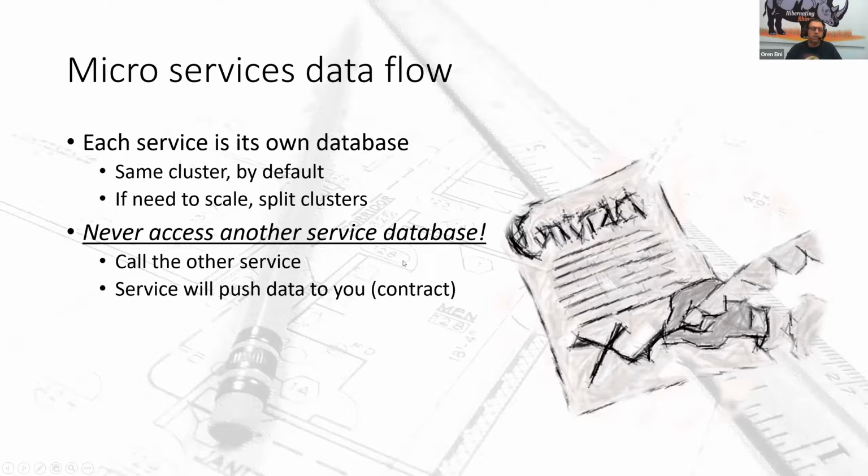If you never access another database, how do you get data that is owned by another service? There are 2 options. One of them is that you call the other service. It is possible, but it's complex, and it creates temporal coupling between services, etc. On the other hand, you can have the service push data to you.